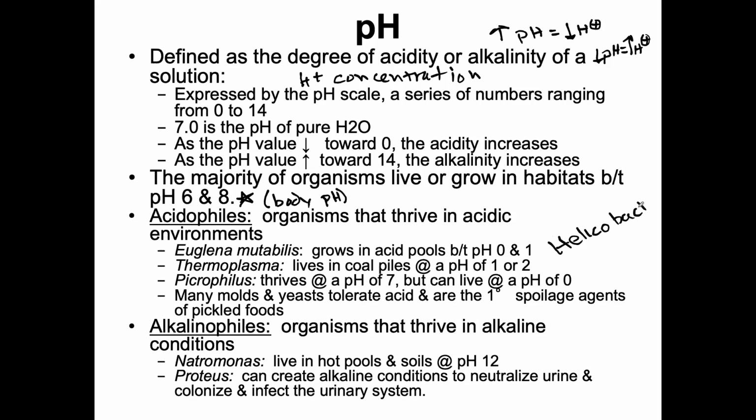Helicobacter can survive in the pH of the stomach, which is between 1 and 2, but it can grow at other pHs as well. And Helicobacter causes gastric ulcers in some people.